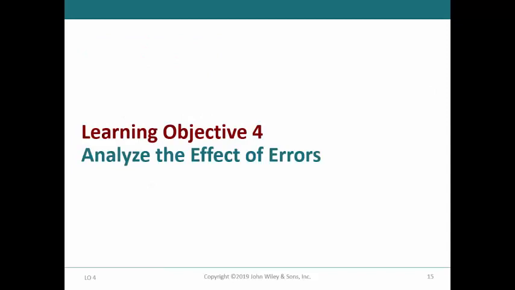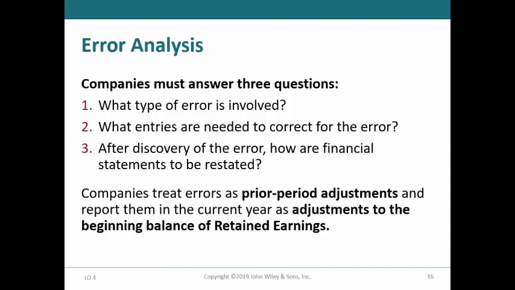In this objective, we will focus our attention on how to analyze the effects of errors on the income statement and the balance sheet. We saw in the illustration with Selectro that when a company discovers an error, they first need to determine what type of error occurred, and then the entry needed to correct the error.